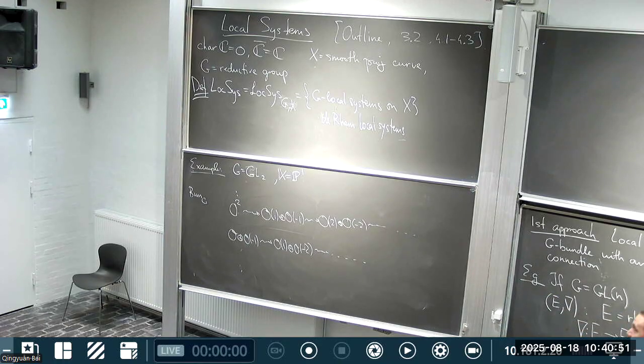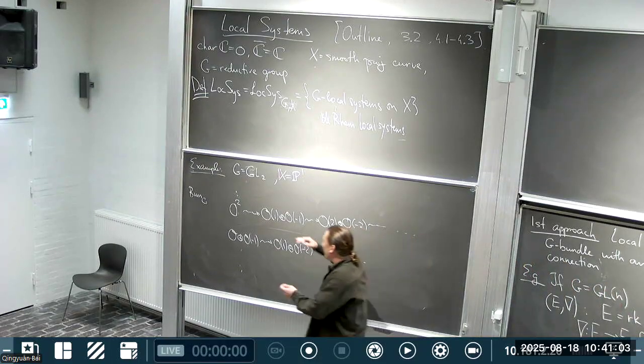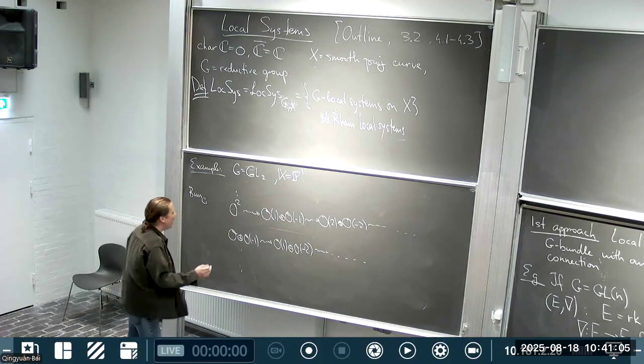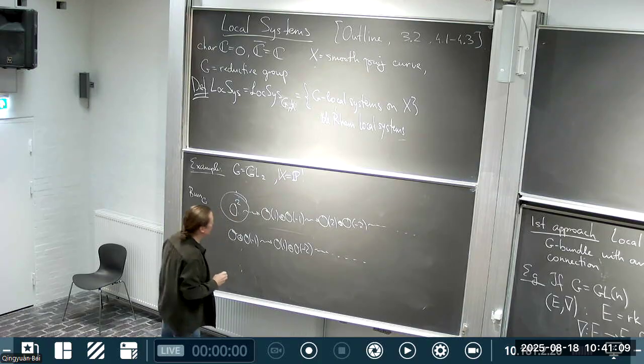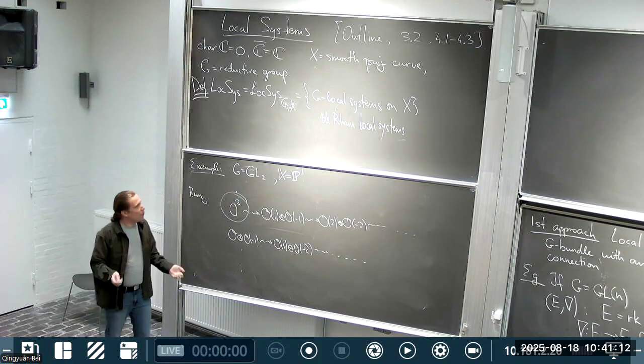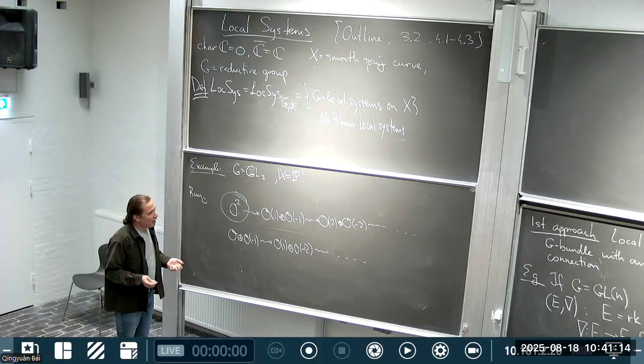Now we should ask which of these vector bundles admit an integrable connection, which is, by the way, a good question in general, and there is a neat answer that I'm not going to explore. But in this particular case, the trivial bundle is the only thing that admits a connection.